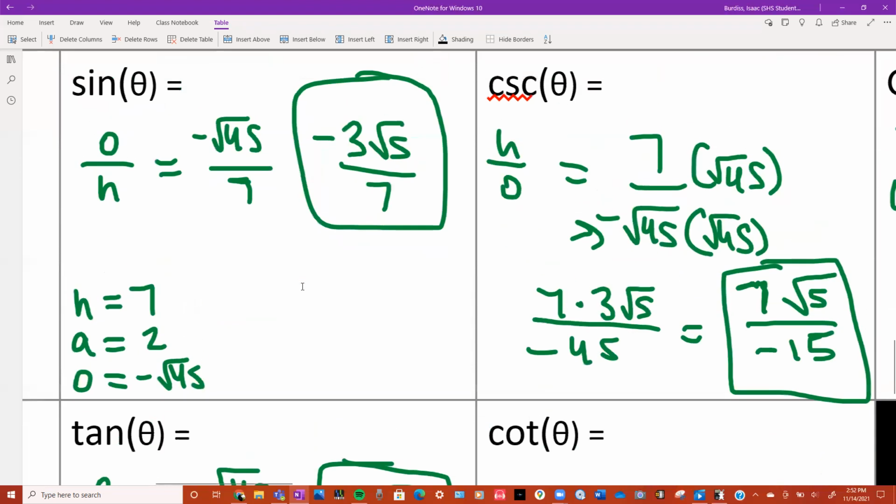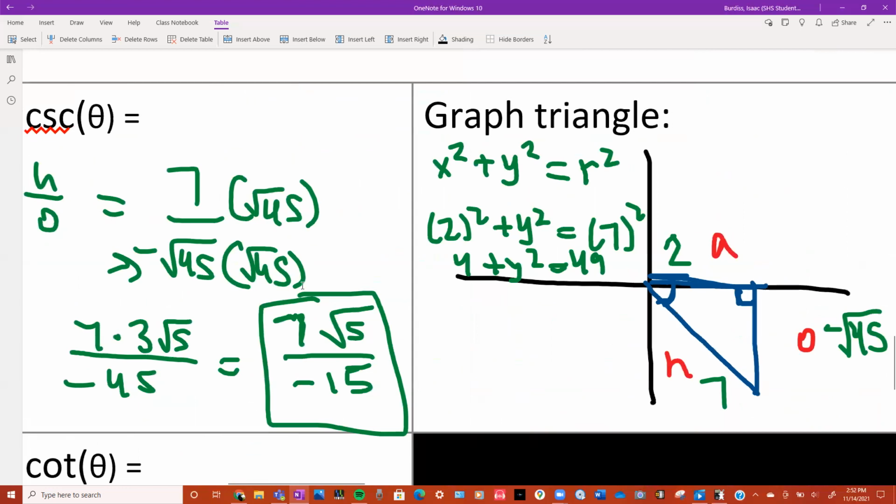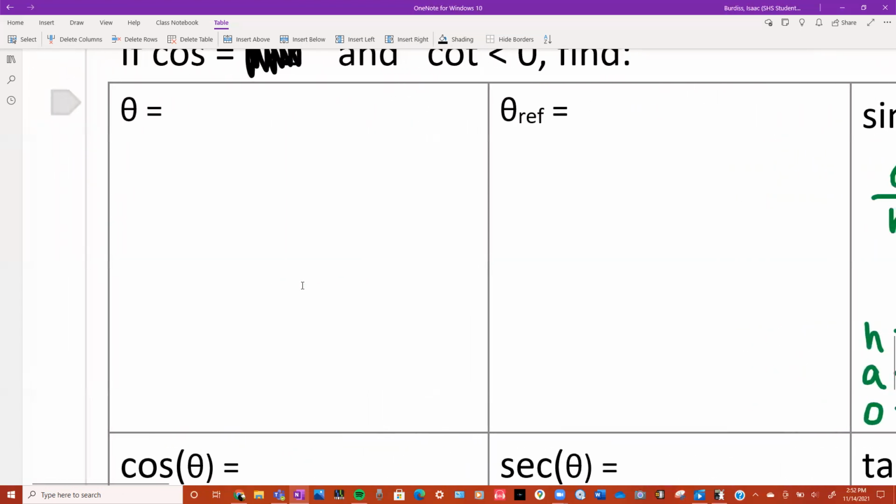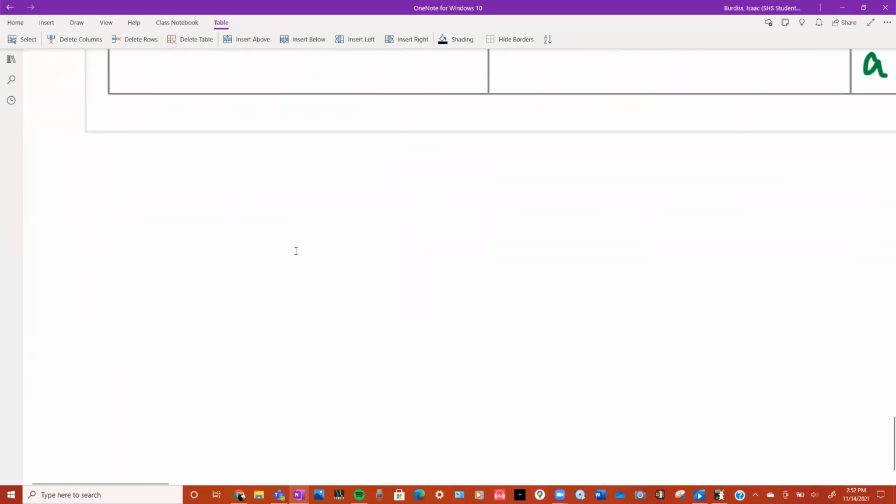And there you go. Those are all of our trigonometric ratios, but we still have to find the angles, the normal angle and the reference angle. So let me move this down here just to remind you. Remember, this is what our graph looked like.